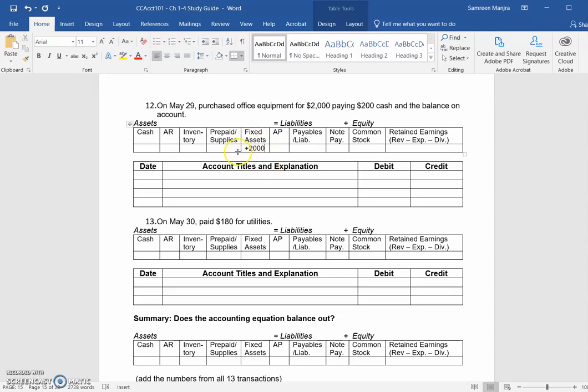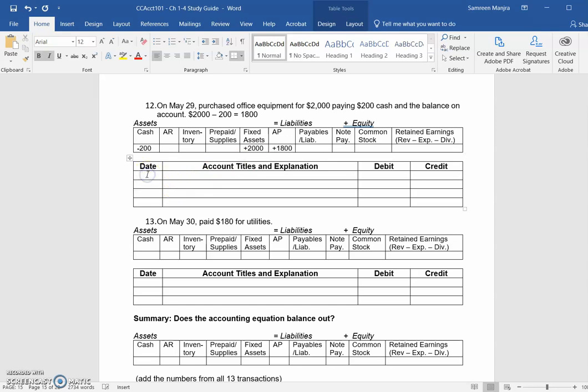We're going to pay a portion in cash, so we're going to decrease our cash by $200. The remaining amount, if we think about it, we have $2,000 that we need to pay for. We are paying $200 right now, so the remaining $1,800 is on account. So we're going to have an increase in our accounts payable of $1,800.